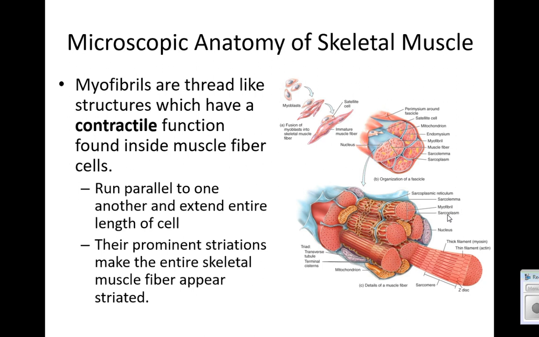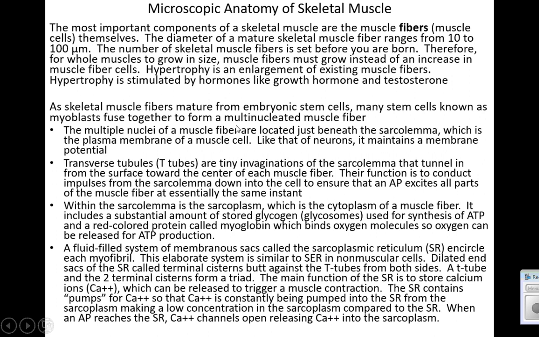What's not labeled there includes the stored glycogen, which is stored in glycosomes. And then a red-colored protein we call myoglobin, which is very similar to hemoglobin that you find in your blood, except it binds and releases oxygen in a way to help store it in our muscles.